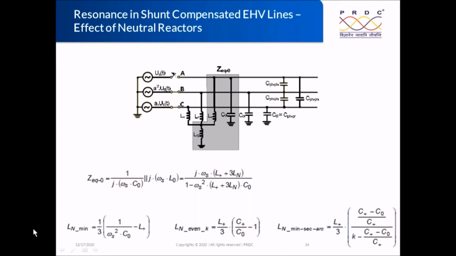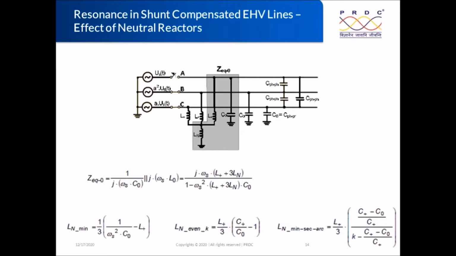Generally your fault current will be a few kiloamperes, like 2 kA, 5 kA, 15 kA, but this value will be around 100 to 200 amperes range, with compensation or without compensation. So if you want successful auto reclosing, that secondary arc current should self-extinguish.